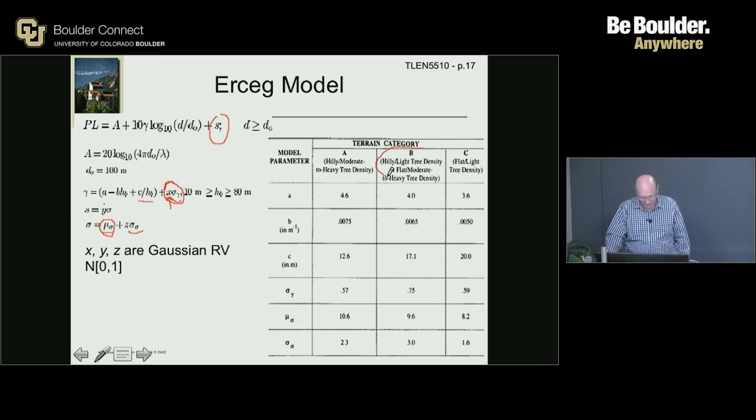If you peek ahead at mu sub sigma, that's the average standard deviation of the log normal shadowing. It's going to be 8, 9, or 10 depending on the terrain. And we'll use that a lot for values of the shadowing of 8, 9, or 10 dB.